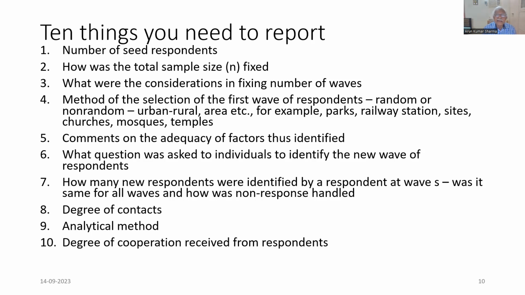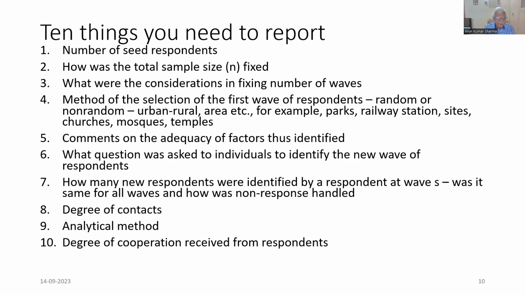Third, what were the considerations in fixing the number of waves? If you have fixed the number of waves, 2, 3, 4, 10, then how was the number of waves fixed? What were your considerations? Fourth, or at least mention the number of waves.